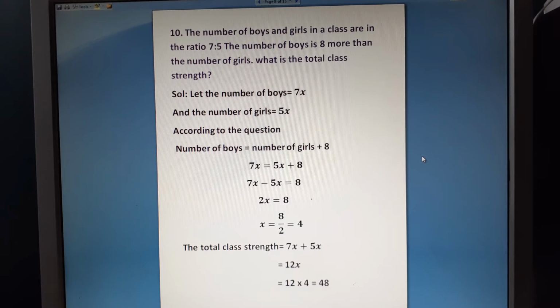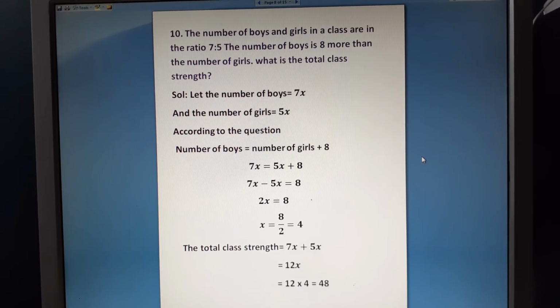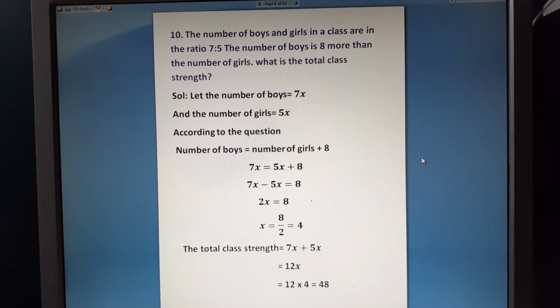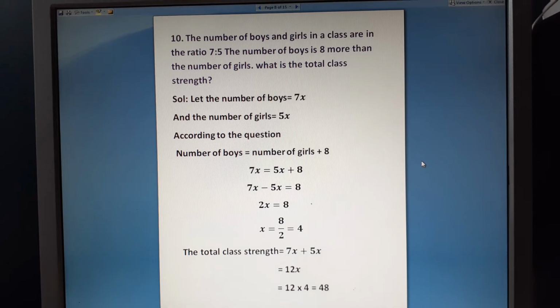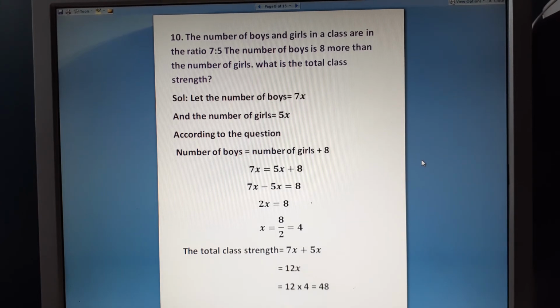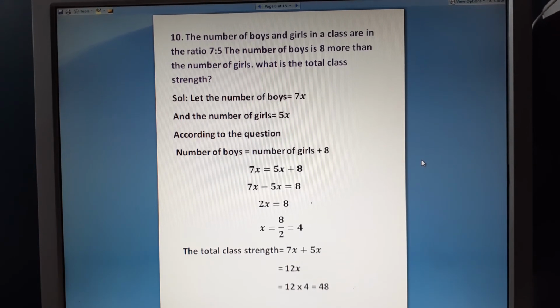So, 7x is equal to number of girls 5x, we put 5x plus 8. Take right hand side 5x to left hand side, it changes into minus 5x. That is 7x minus 5x is equal to 8. That is 2x is equal to 8. x is equal to 8 divided by 2 is equal to 4.